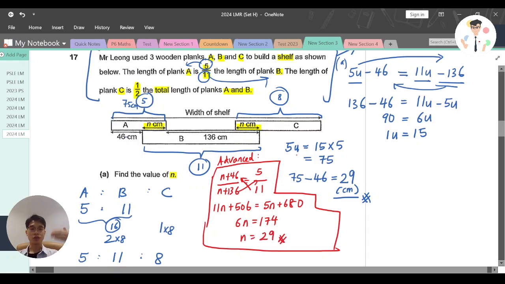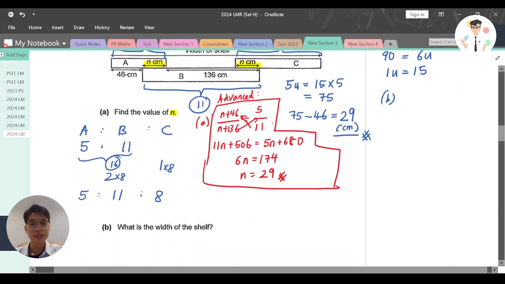That is also another way that some of you that are a bit advanced in algebra can do. Anyway, it's the same thing, just that my steps in this case will be a bit longer compared to this. Okay, let's move on to B.